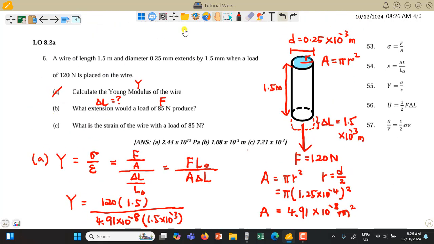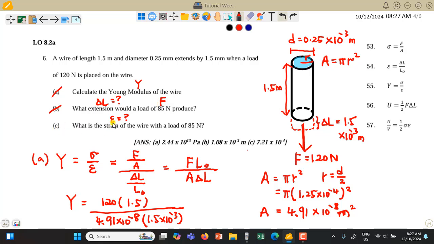Okay, so we solved question B, then question C. What is the value of strain of the wire with a load of 85 Newton? From question B, we already have the extension of the wire when we place a load of 85 Newton.